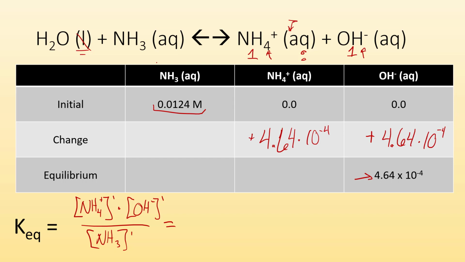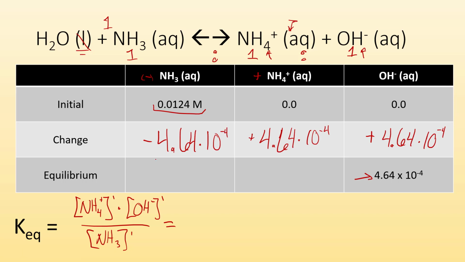And then how's that compared to NH3? Well, fortunately enough, NH3 is also a 1-to-1 ratio, except it's a reactant. So if I'm making NH4 plus, I am using up NH3. So its change was negative 4.64 times 10 to the minus 4 molar.